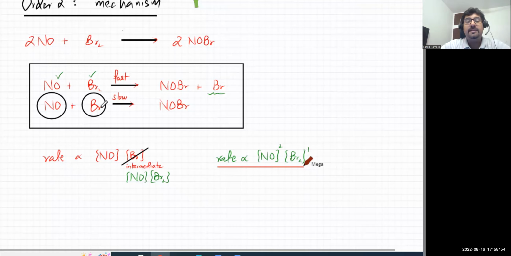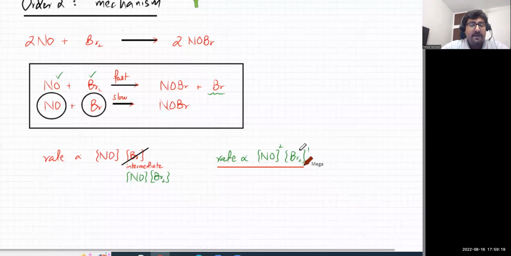So the reaction speeds up again. So by just doubling the concentration of NO, not only does the reaction speed double because of NO, but because of NO, the Br atom concentration also doubles and the reaction speeds up once more. So that's a quadratic relationship. You double NO's concentration, the rate increases 4 times because it's doubled twice.